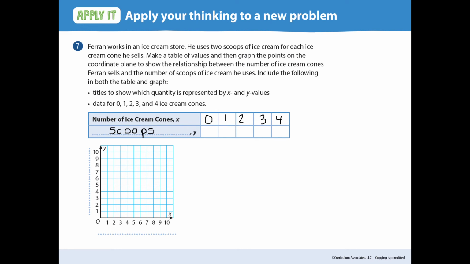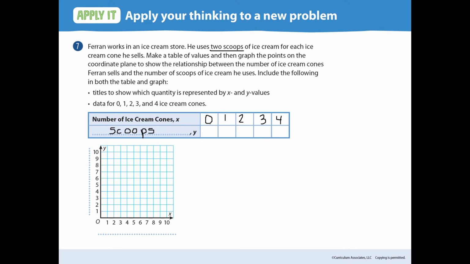And our problem here says that he uses 2 scoops of ice cream for each ice cream cone he sells. So we have our value of the number of ice cream cones, and we can multiply that by 2 to find the number of scoops of ice cream he uses.